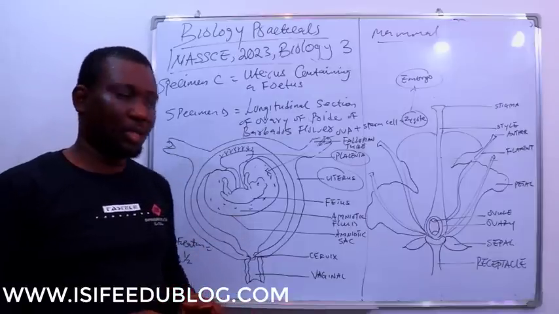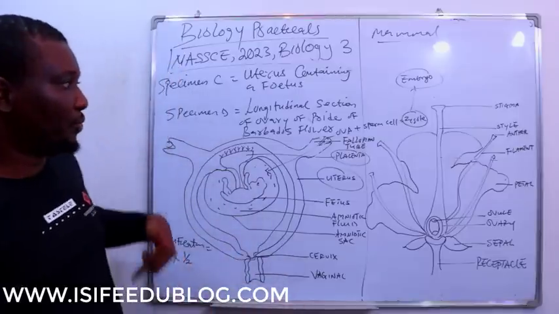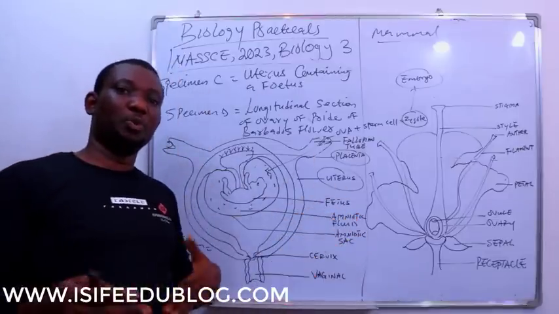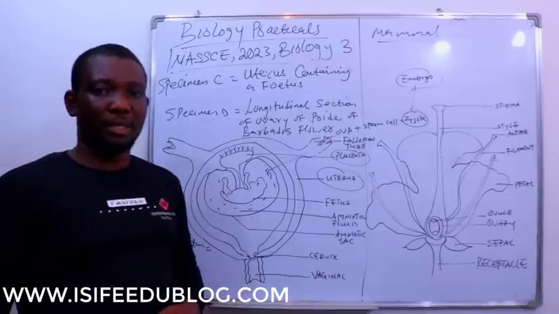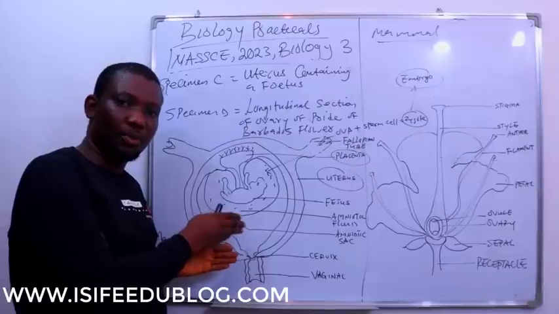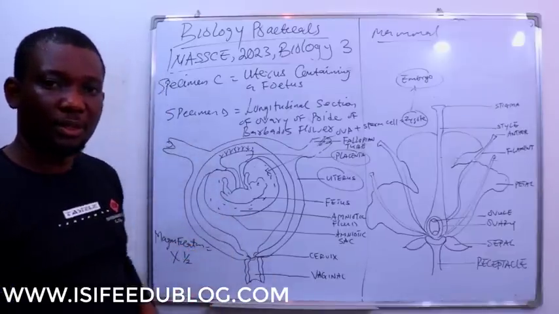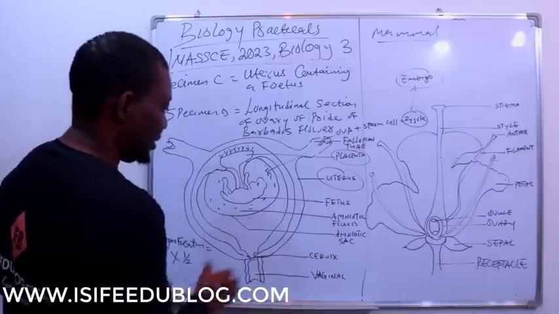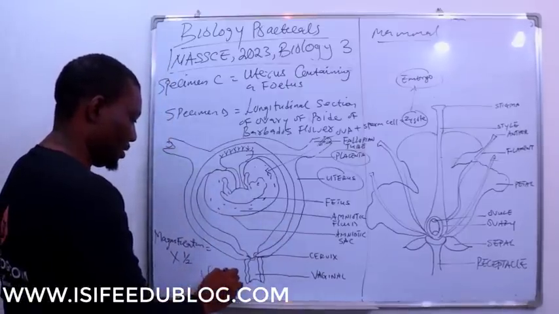That is the difference between the two types of reproduction. So we have oviparity, ovoviviparity, and then viviparity. So this is a clear case of a viviparous organism.